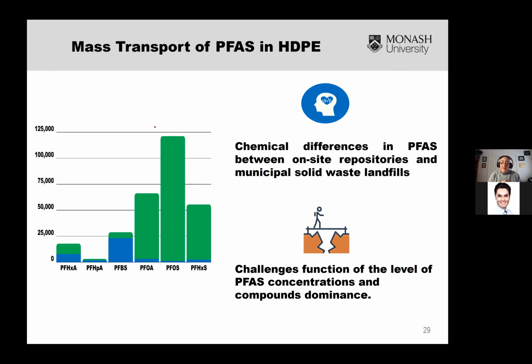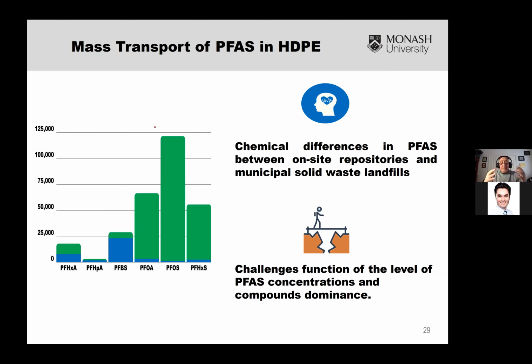These challenges will be a function of the level of PFAS concentrations in the leachate, as well as the compound dominancy in the leachate, and this is what we have seen so far. I think we can understand the importance of making these distinctions when addressing the performance of a given material.